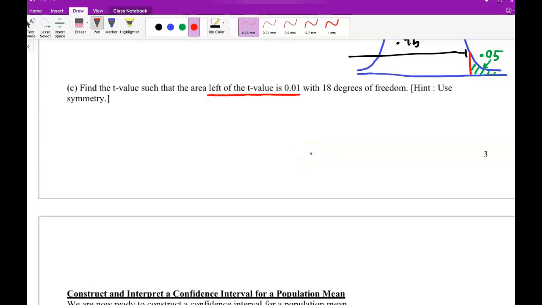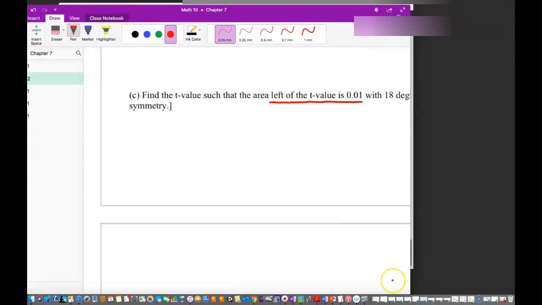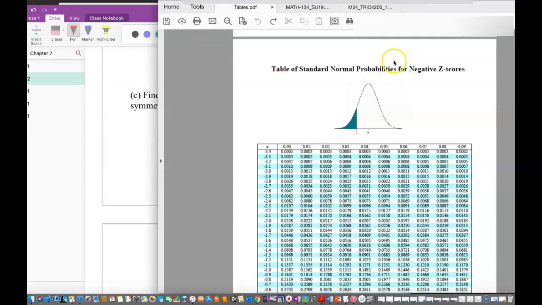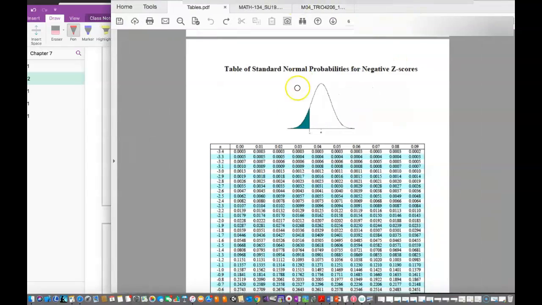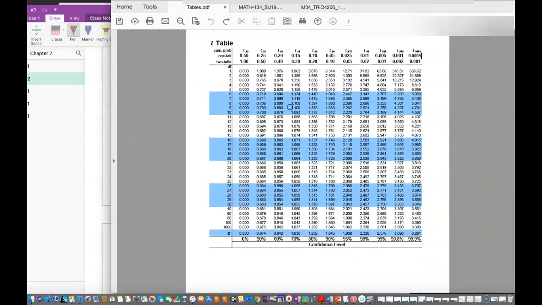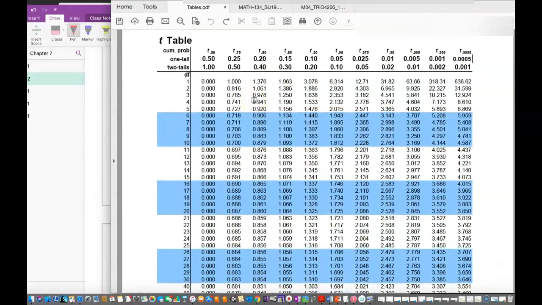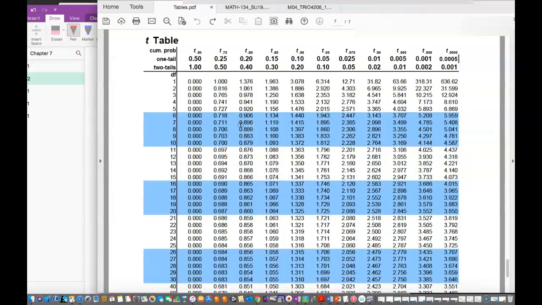Okay, you may have different methods for this one, but if you want to use the table, let's use that one. So where's our table? So we have the T table is this one. And the area is 1%.